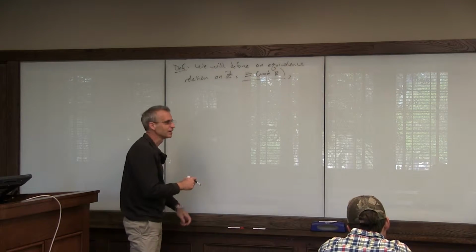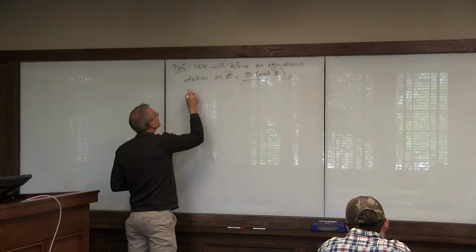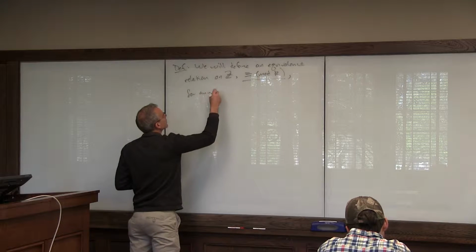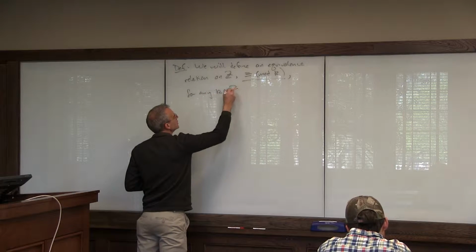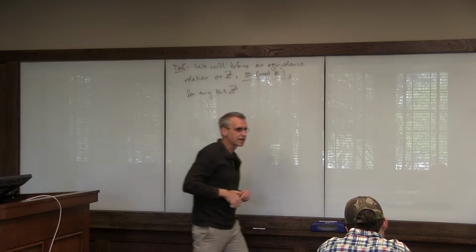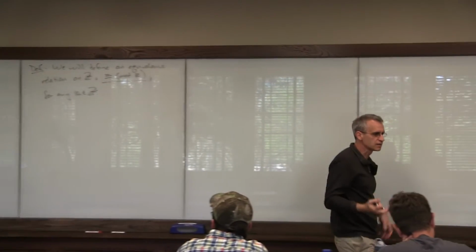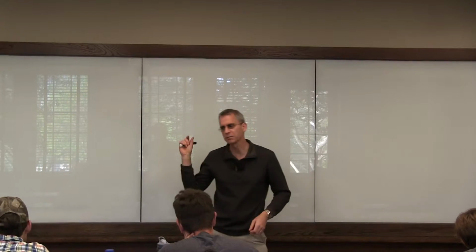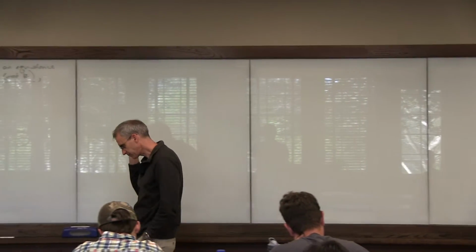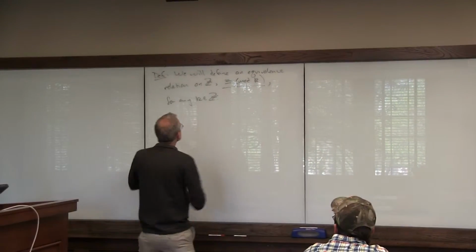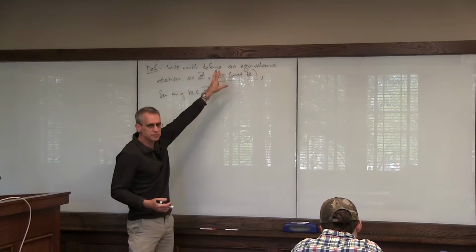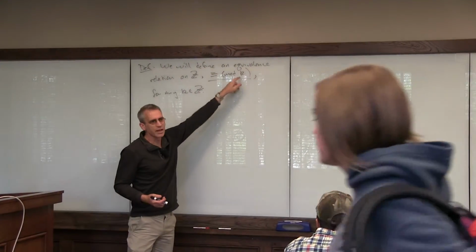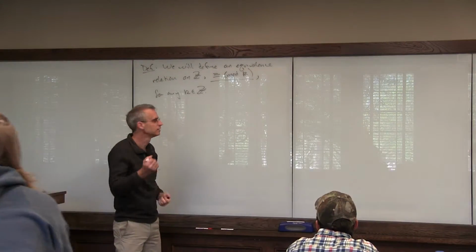I know it looks complicated, for any k an element of Z. So we're taking the integers, that's our underlying set, and then we pick some k, and we're going to define this equivalence relation that depends on k.